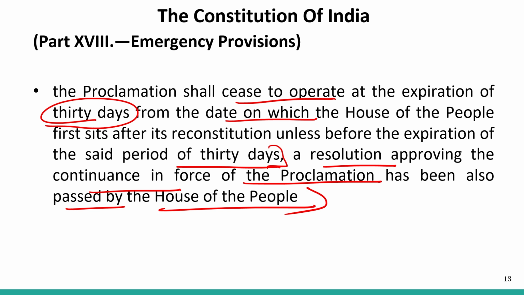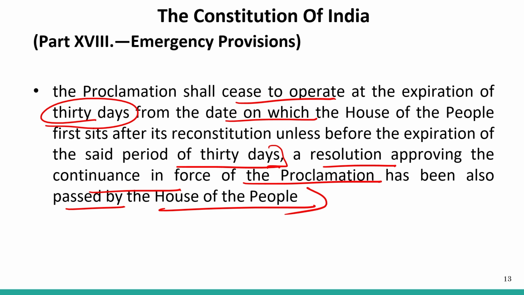Unless both Houses of Parliament, the Lok Sabha and the Rajya Sabha, sit together and decide that it is necessary for the benefit of society that the emergency should continue. Then it can further continue for a period of 6 months.